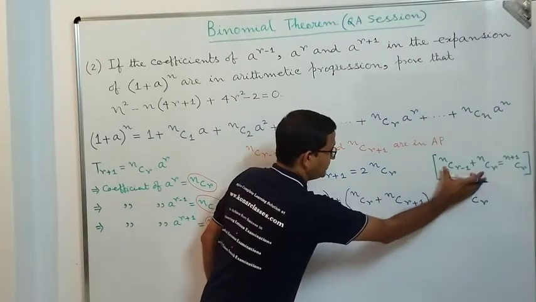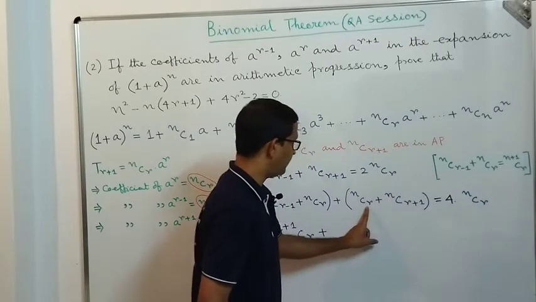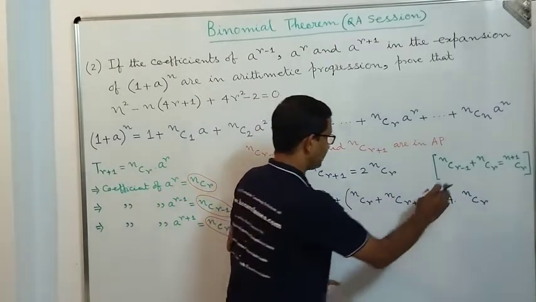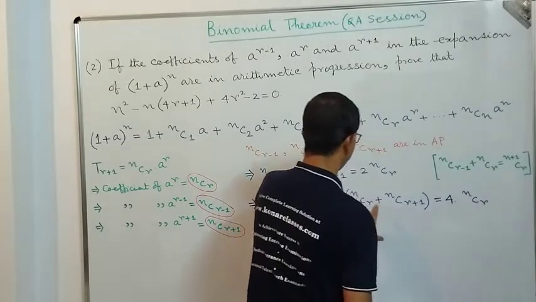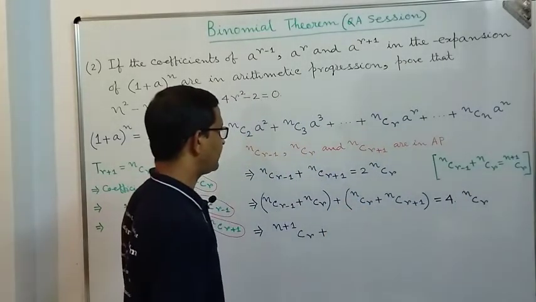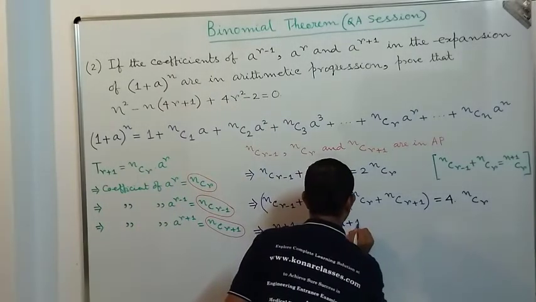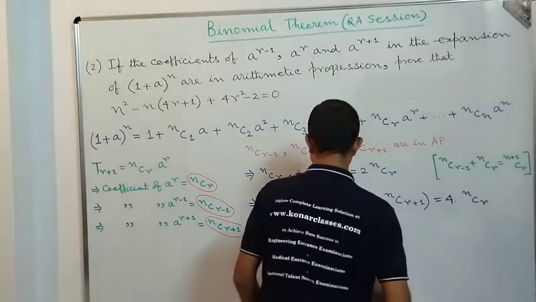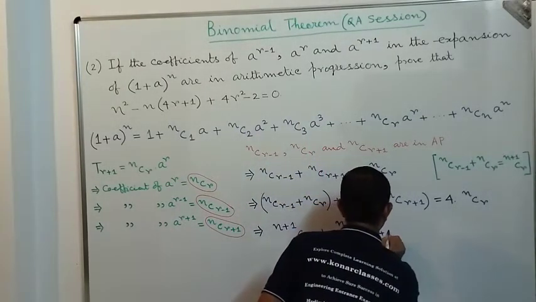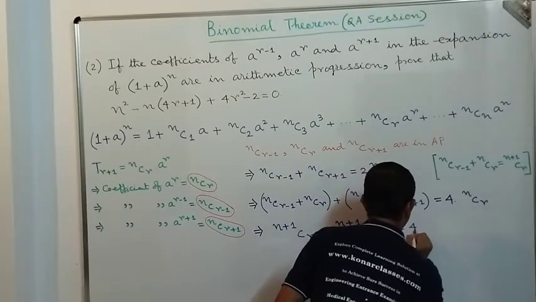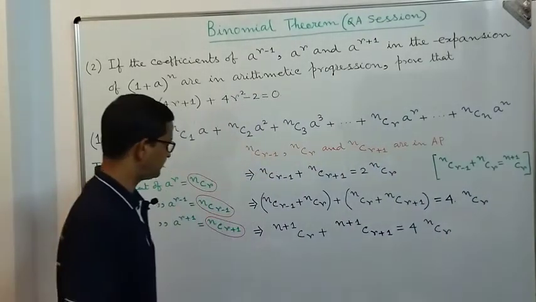In this formula, if we replace r minus 1 by r, then r minus 1 will become r and r becomes r plus 1. So what we get is n plus 1 Cr plus 1, equal to 4 into nCr. Correct, dear students?